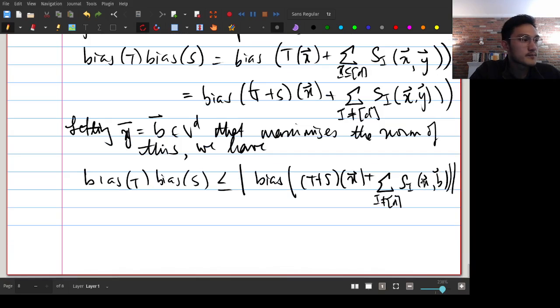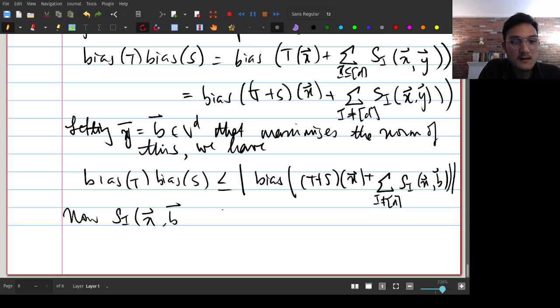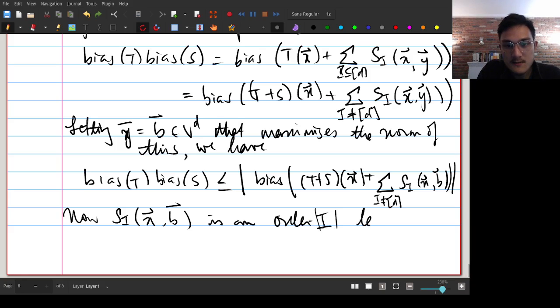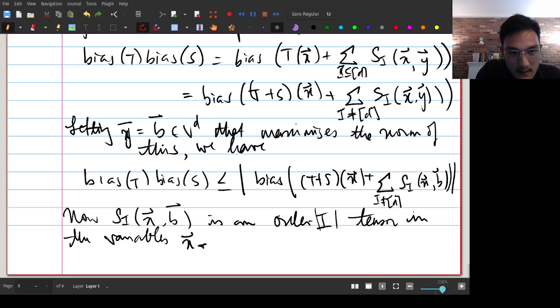Okay. So here, now the reason this b is useful is because now s_i x b is an order size of I tensor in the variables x_i.